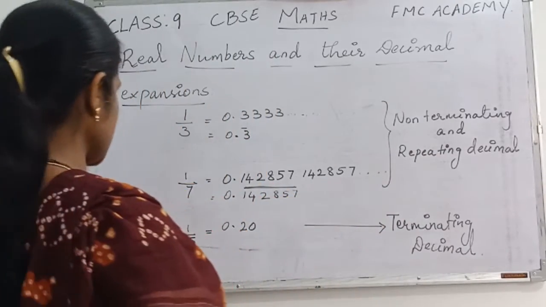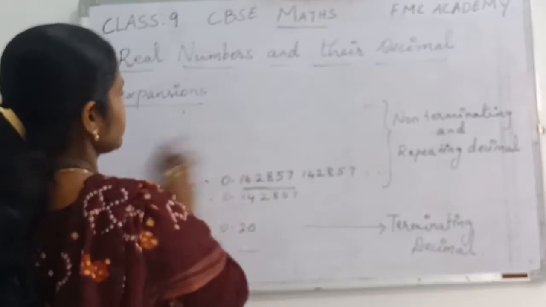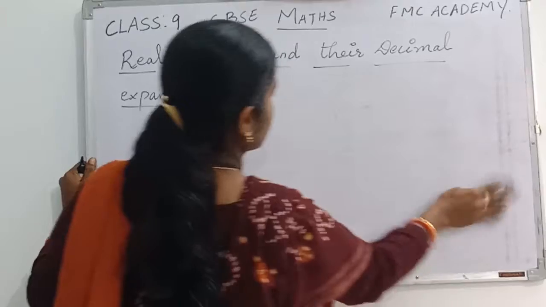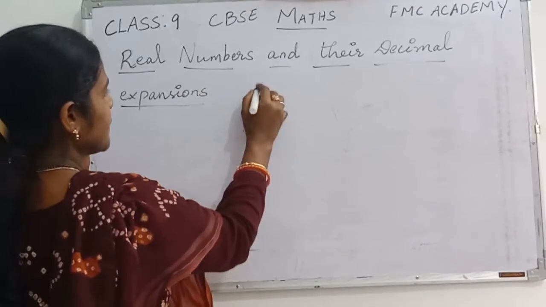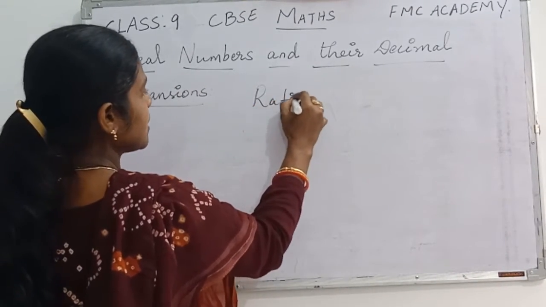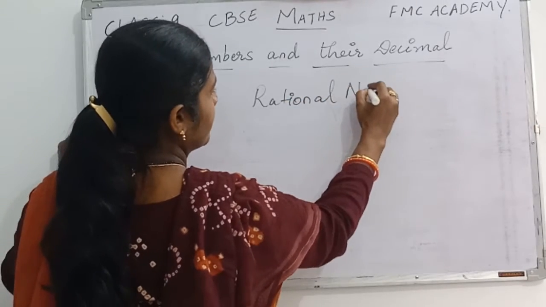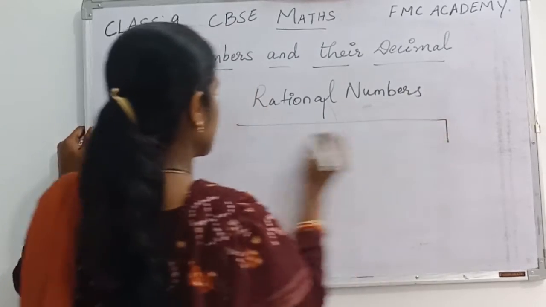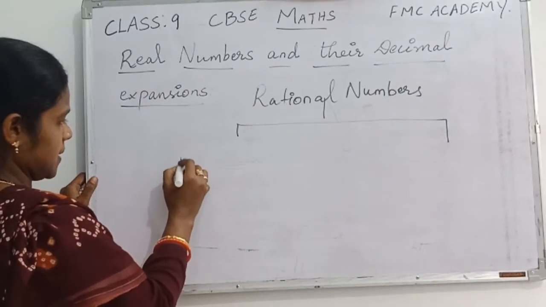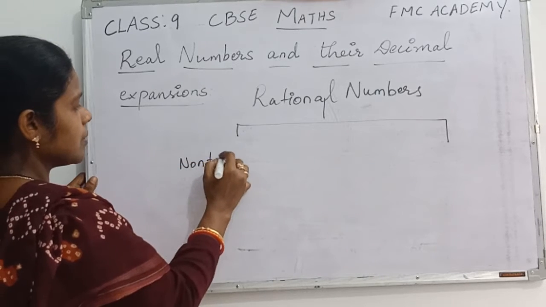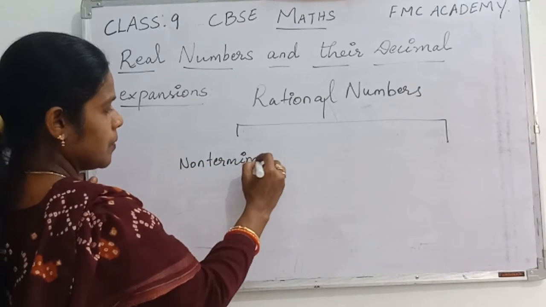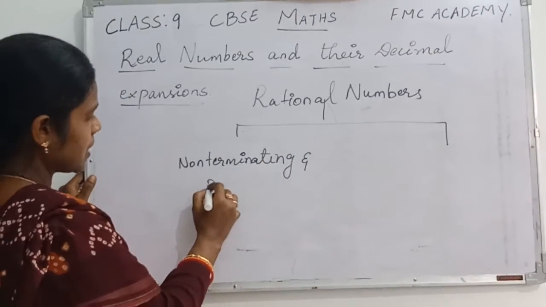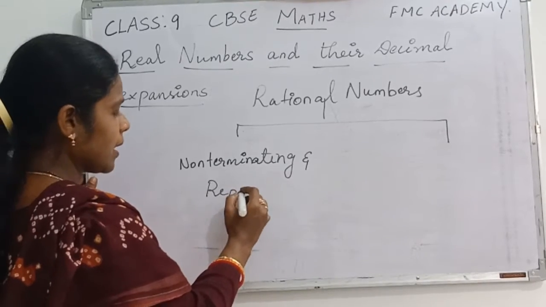Okay, let me write this down in a short way. We can say rational numbers can be in two ways. One is non-terminating and repeating decimals.